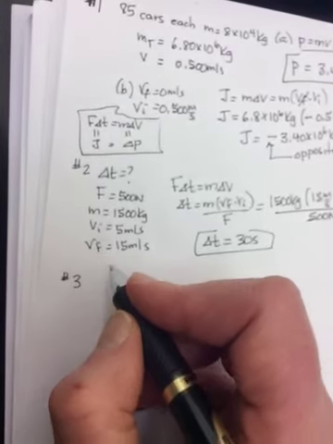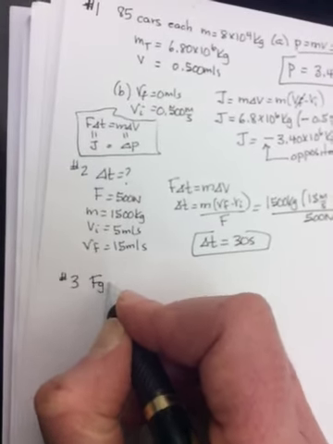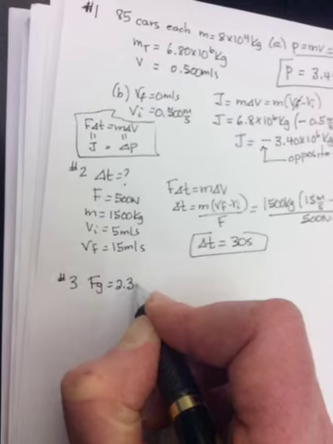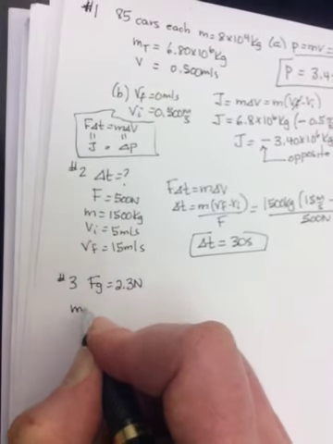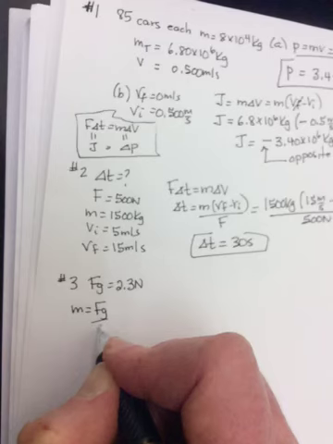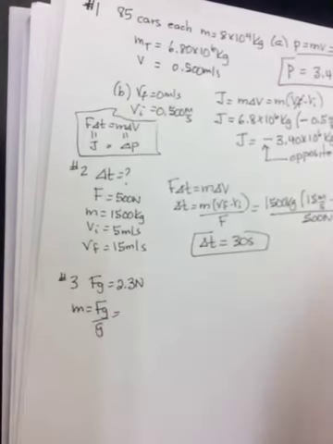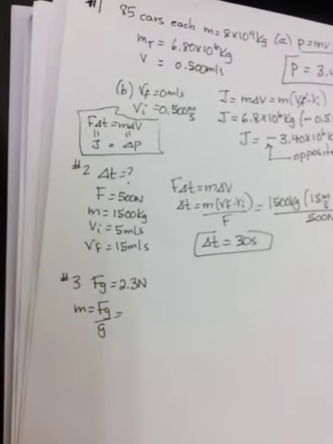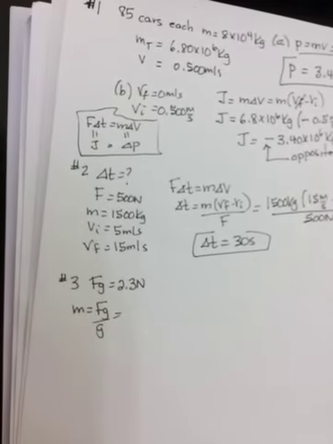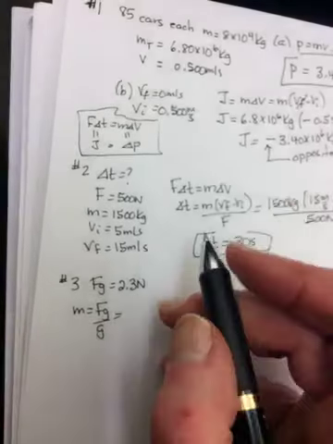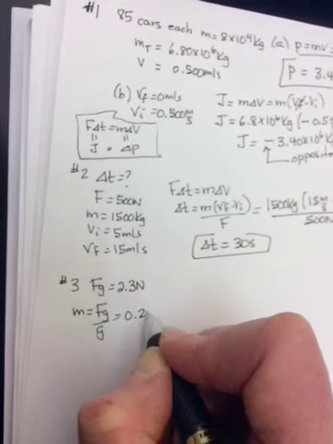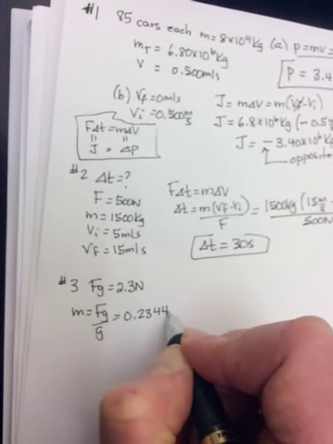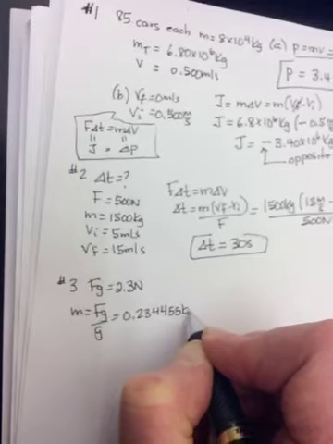A ball that weighs, so that's the FG, a ball that weighs 2.3 newtons. So from that we can find our mass, FG divided by g, and I'm just assuming we need to. I haven't read the rest of the question yet, and it might be a good plan to do that, but our mass here is 0.234455, let's say, kilograms.